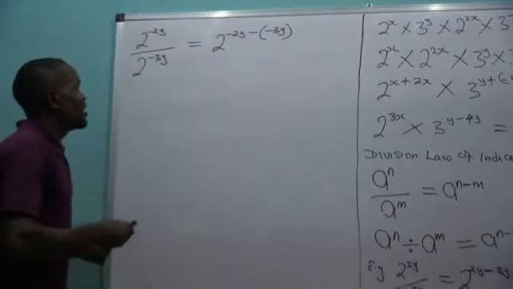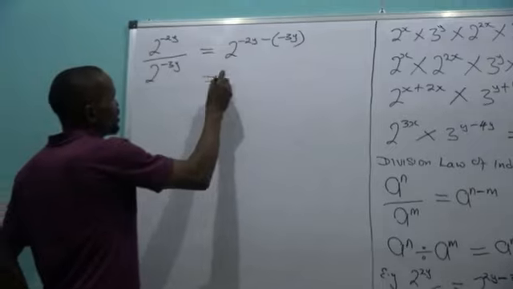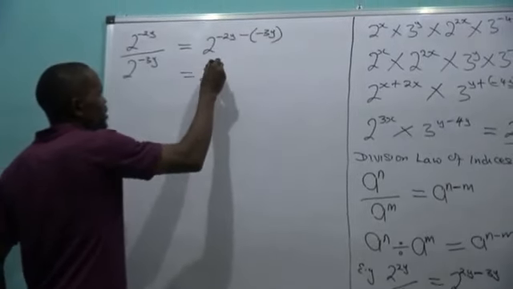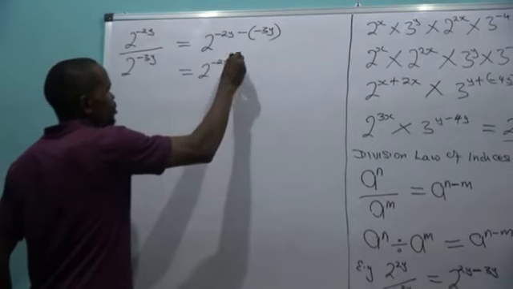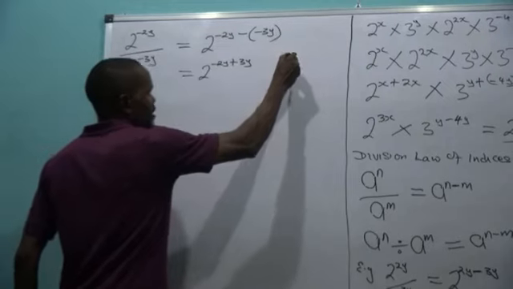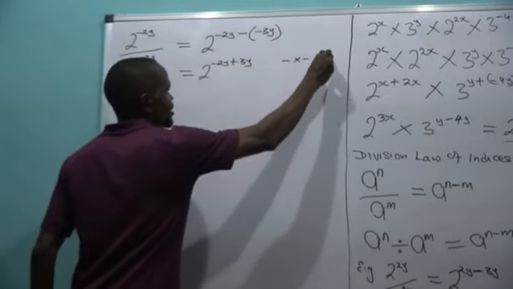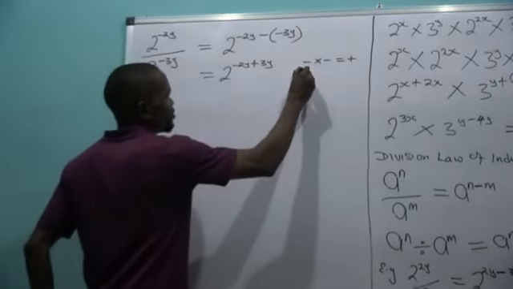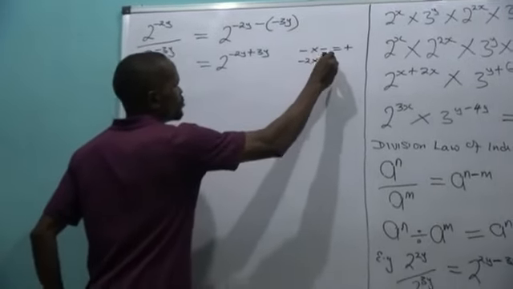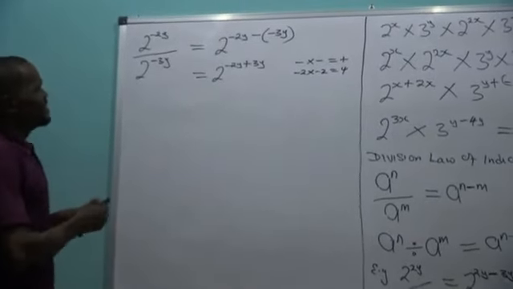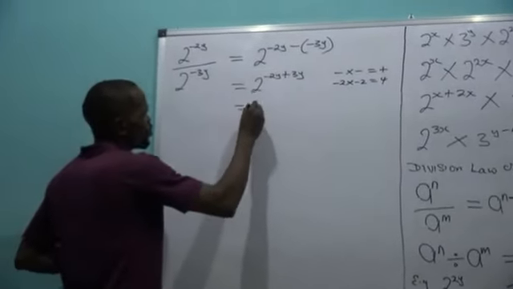And minus times minus, which we have already treated, will give me plus. This becomes plus 3y. Minus times minus, the answer is plus, so minus 2 times minus 2 gives me 4.